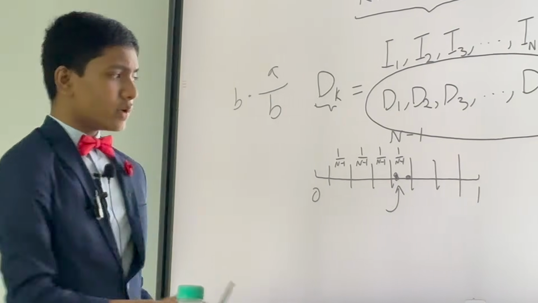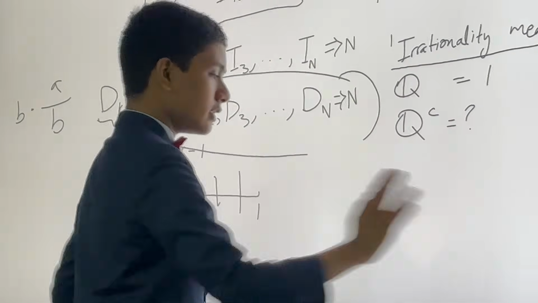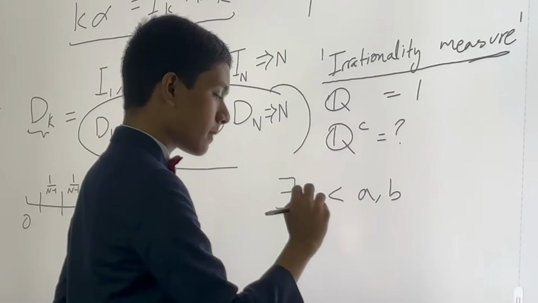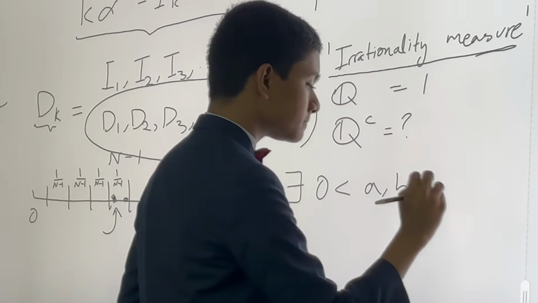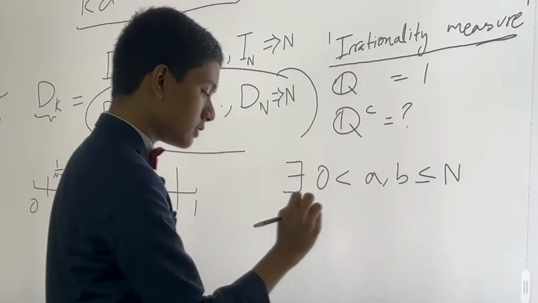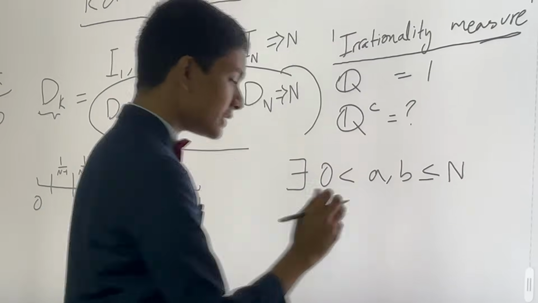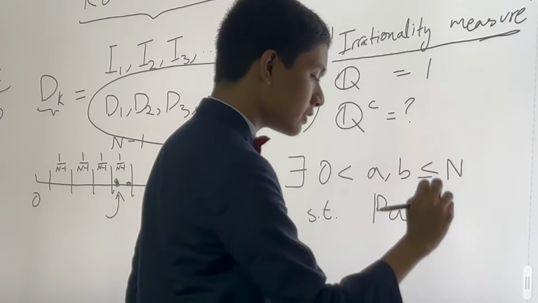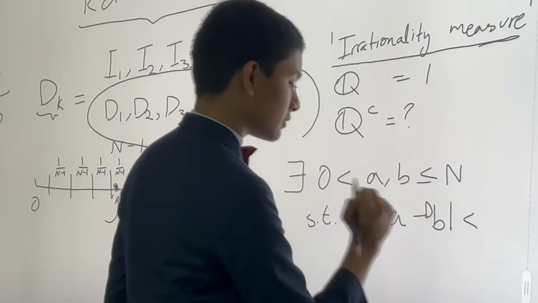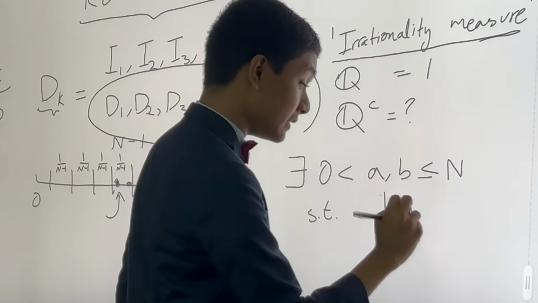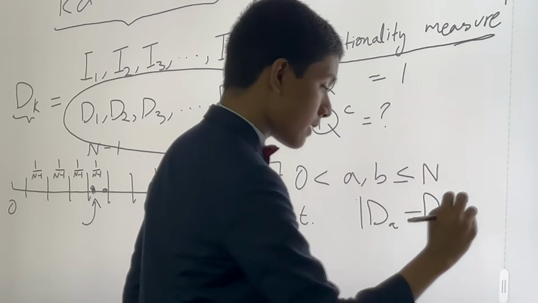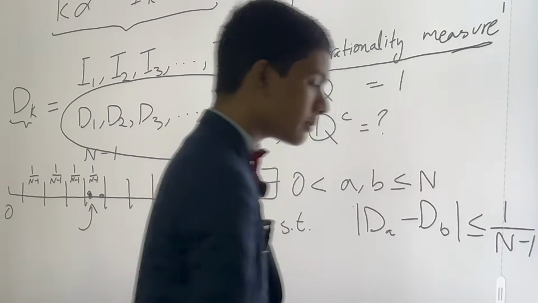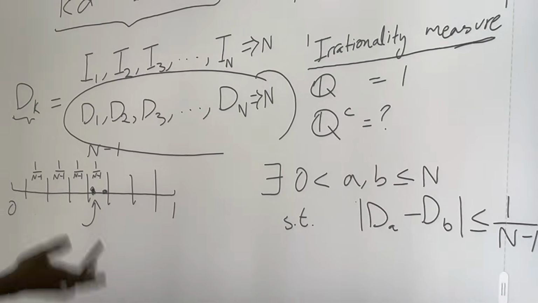And so what that means is there exists some a and b from 0 to n, such that the distance between dA and dB is less than or equal to 1 over n minus 1 by virtue of what we just did here.